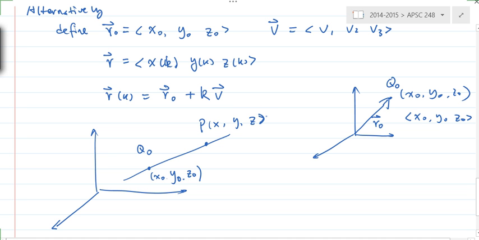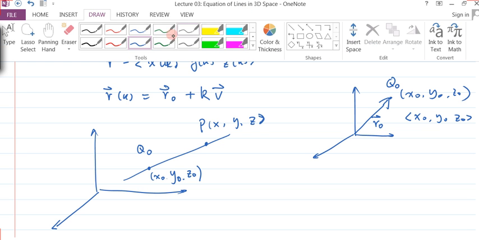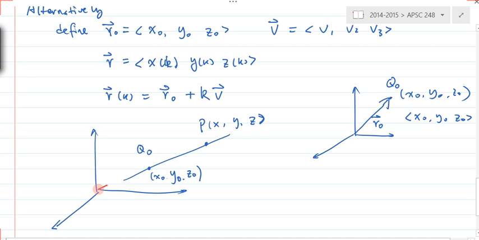Okay, so this is what happens here. I'm going to construct vectors now. The first vector is this. And the second vector I'm constructing is from O to P. What do we call that in our case?